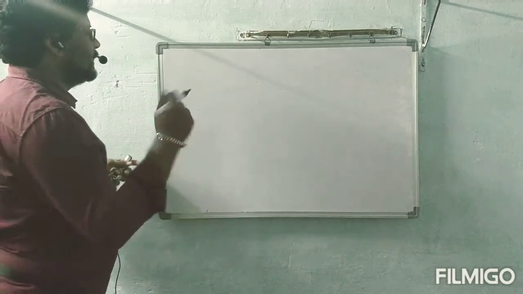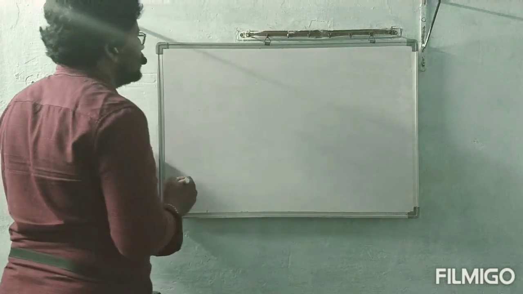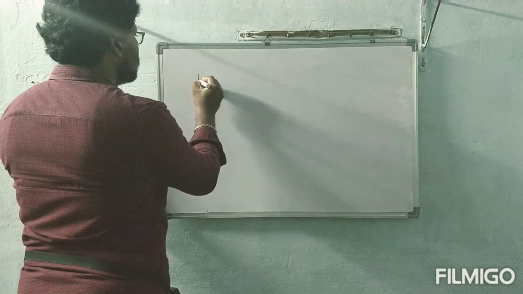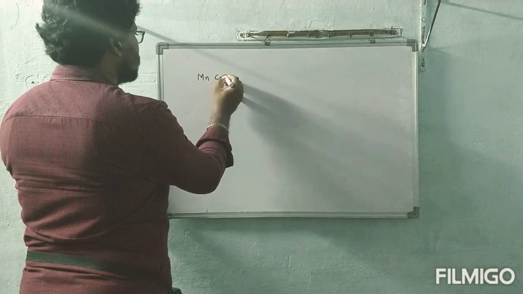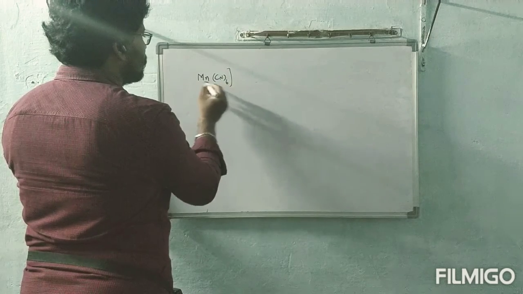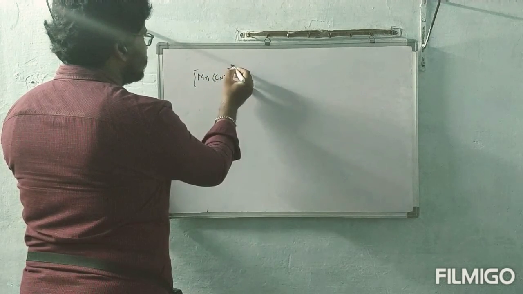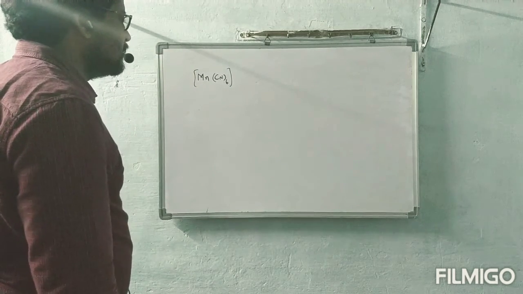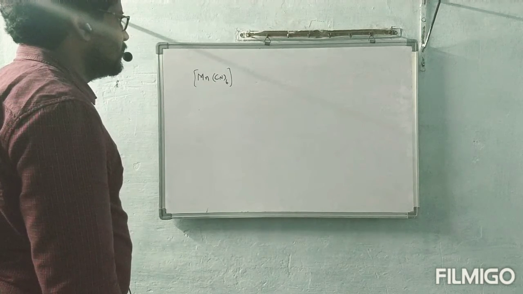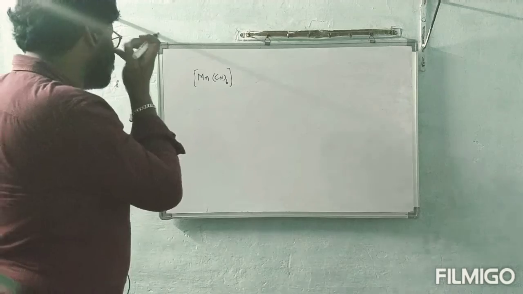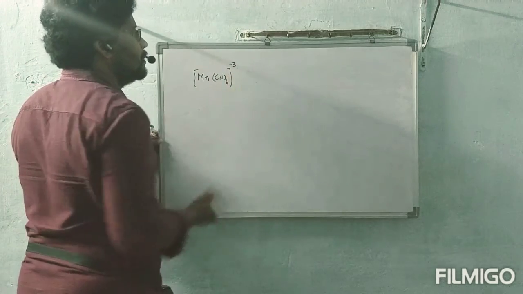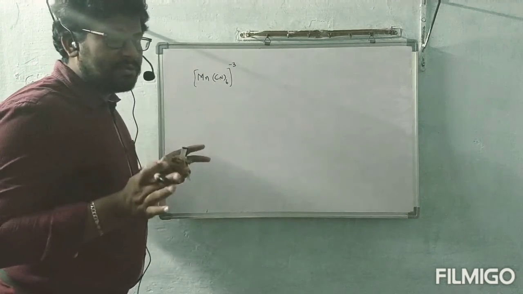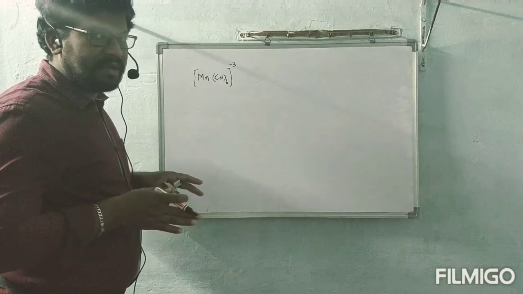Let us see d4, manganese: [Mn(CN)6]3-. Manganese is 4s2 3d5. Now, first, as we now know which is a strong field ligand and which is a weak field ligand.